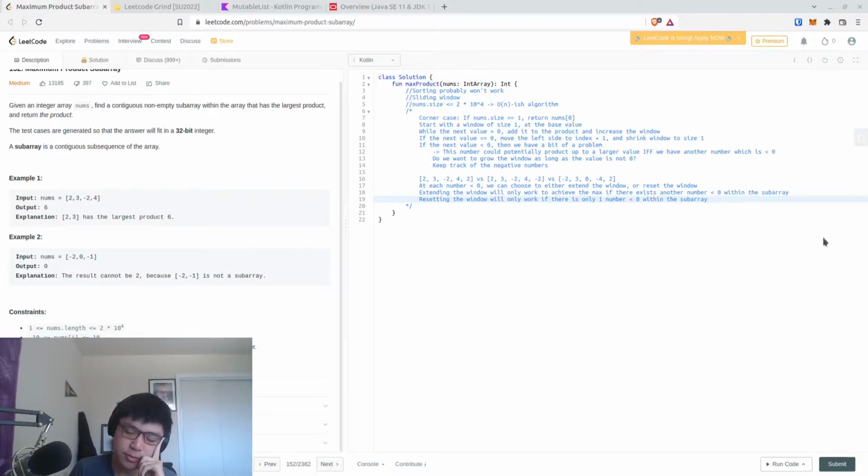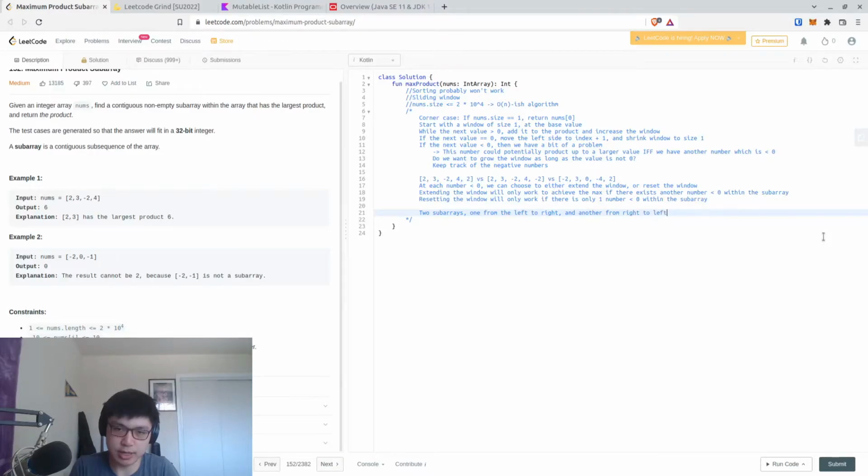But we kind of run into the same problem where if we have one subarray with a negative number and the other without, then does that mean that we can extend the other subarray until the value is non-negative, or until the value is negative, or it hits a 0? That might work. So 2 subarrays, one from the left to right and another from right to left.